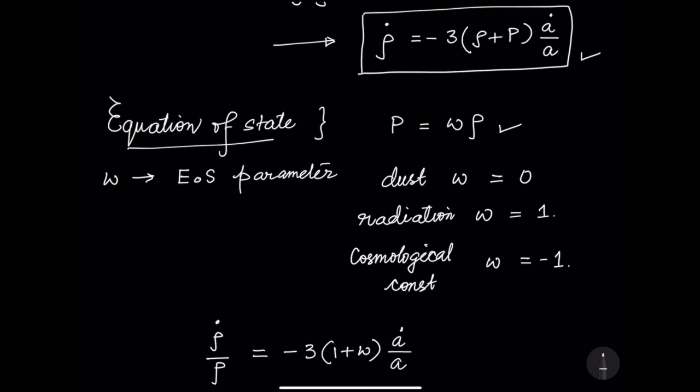And immediately you can now solve it. ω is just a constant. You can immediately solve it, and you will get ρ is ρ0 a to the power, I should write it properly, it is -3 into (1 plus ω).